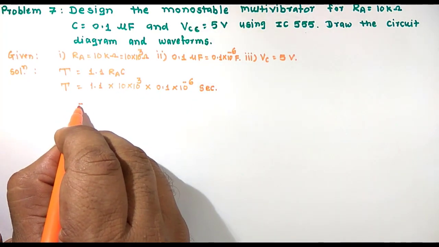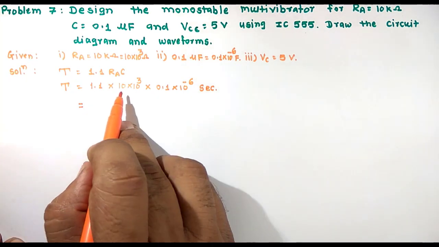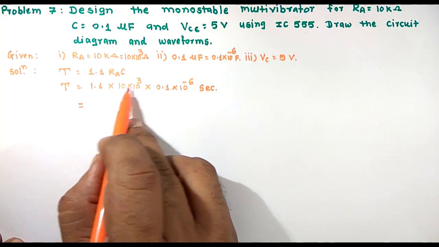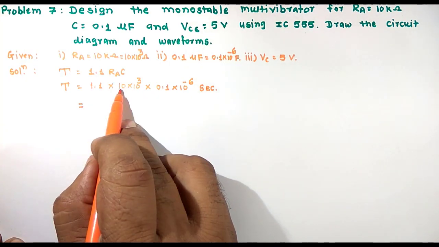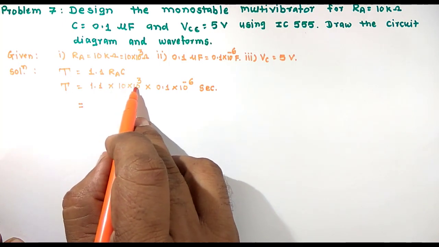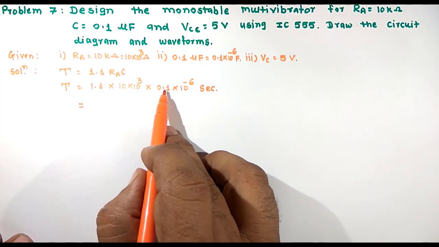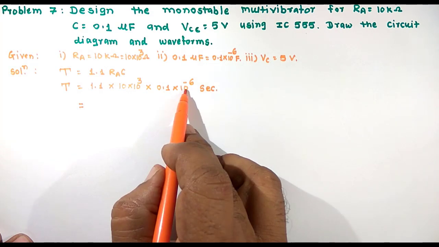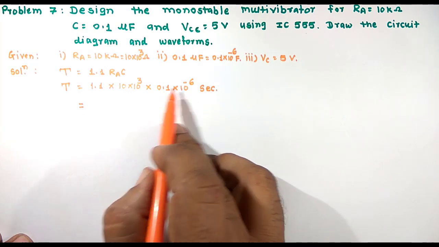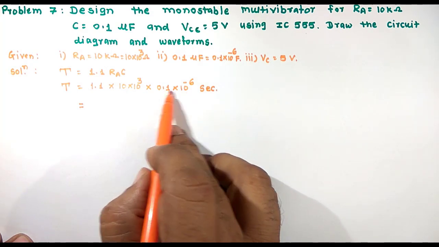So this is 10 raised to 4, 10 raised to 3, 10 raised to 1, so this is 10 raised to 4, and this is 10 raised to minus 1, and this is 10 raised to minus 6, so it is 10 raised to minus 7.